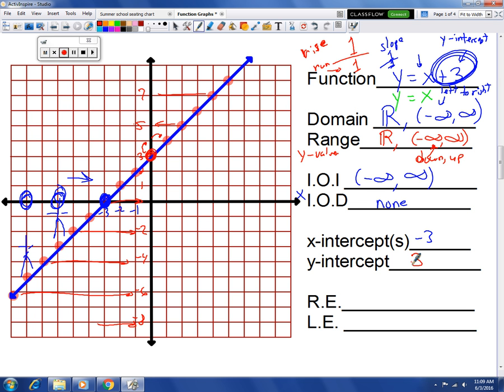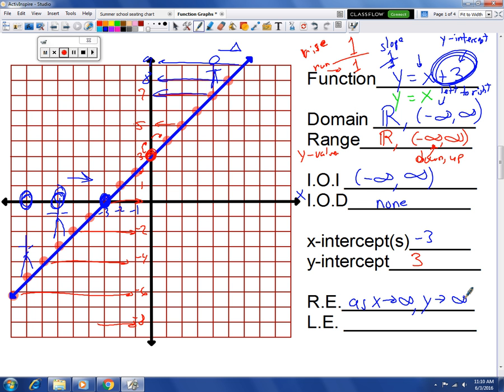The right-hand behavior. As we go to the right, we're getting a 7, an 8, a 9, a 10, bigger and bigger positive numbers. As x goes to the right forever, we're getting bigger and bigger positive numbers.